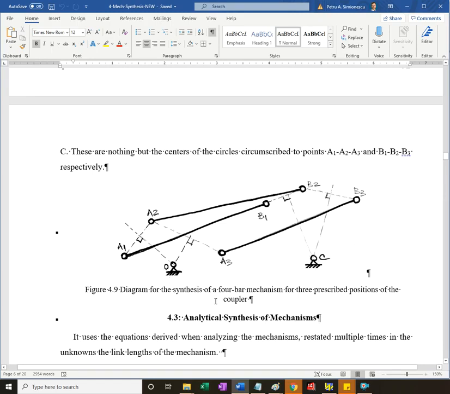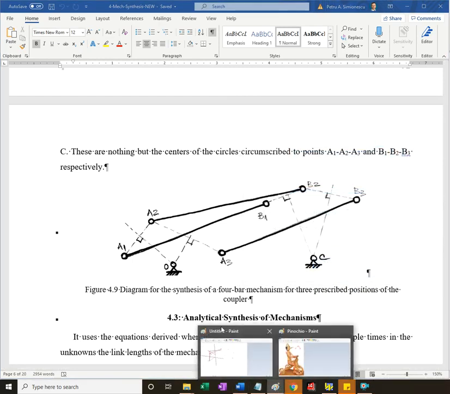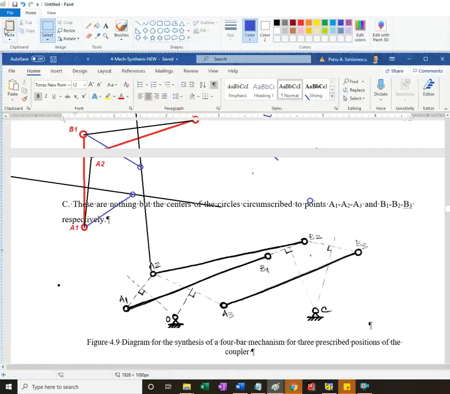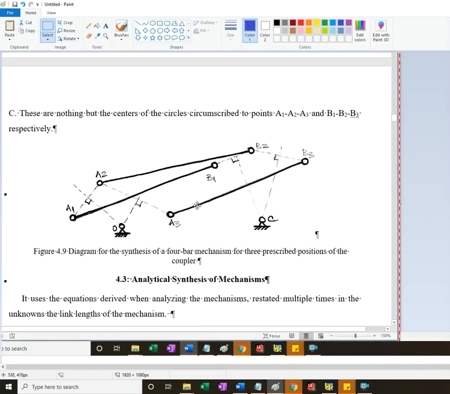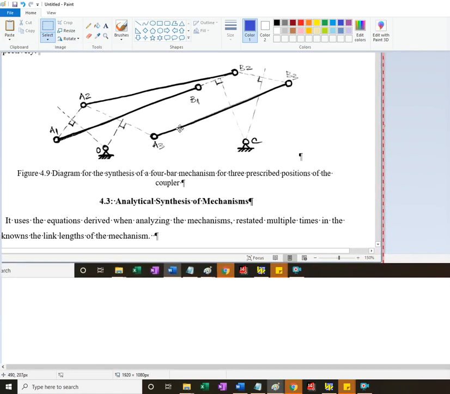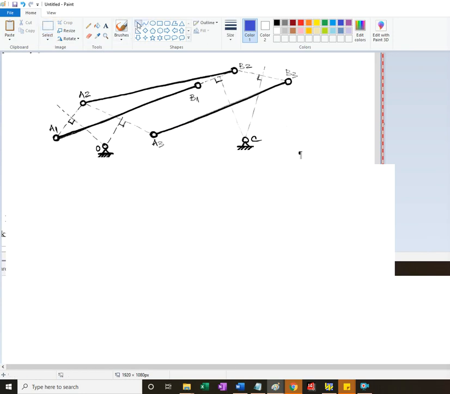The 4-bar that is the solution to my problem is just going to be, and I use red, this one.